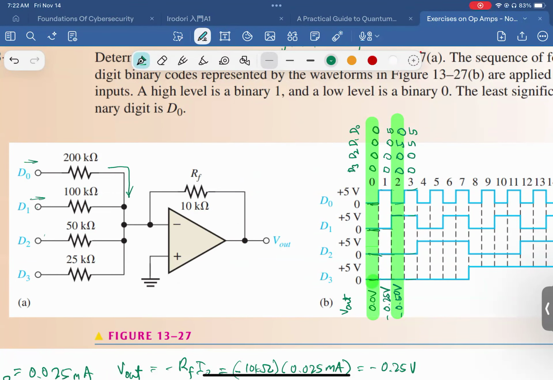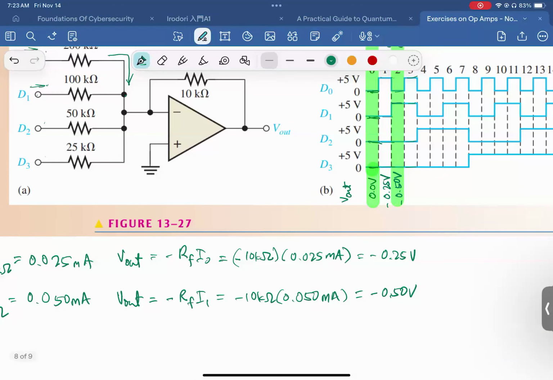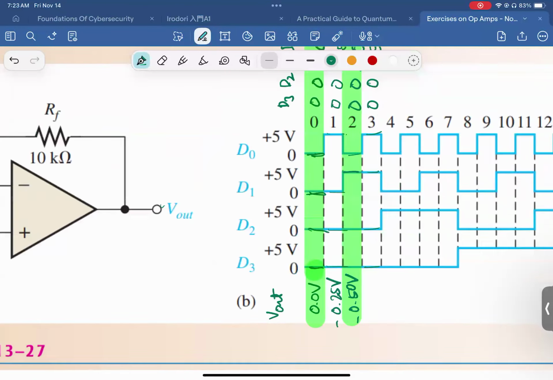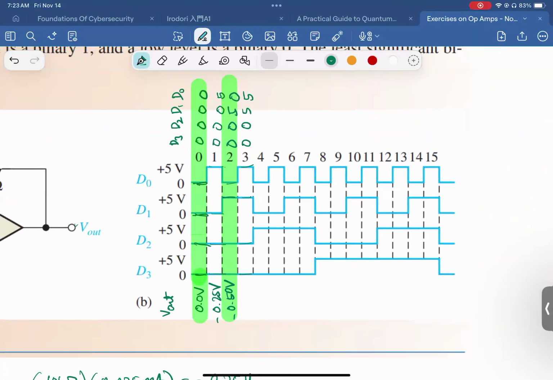If this gives you 5 volts, you also have 5 volts here. Then you have a total current of 0.025 plus 0.050 milliamperes. So yung output voltage mo dyan ngayon is just the sum of the input voltages. So we have negative 0.75 volts.